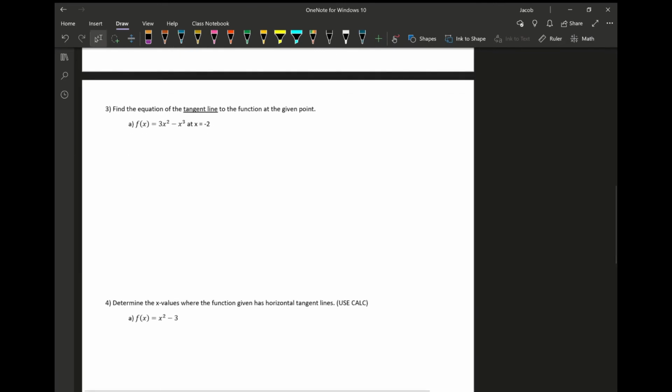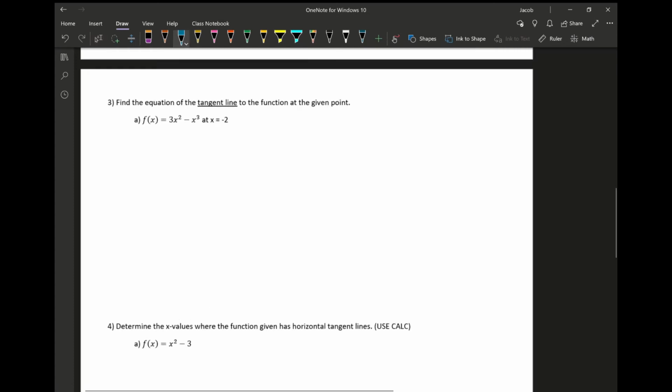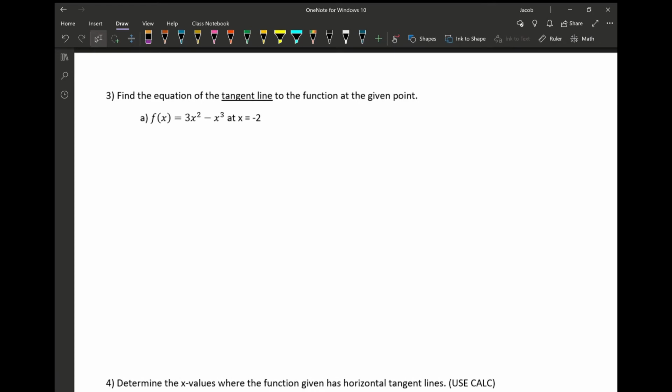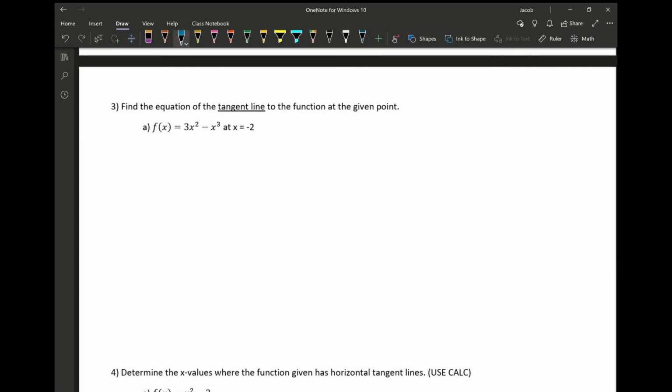Alright, moving right along. This is asking for the tangent line, but without a graph and with all the fluff added to it. So I want to find the equation of the tangent line to this function. So I need to put 3x squared minus x cubed into the difference quotient, which I need to write over again so we don't confuse it.